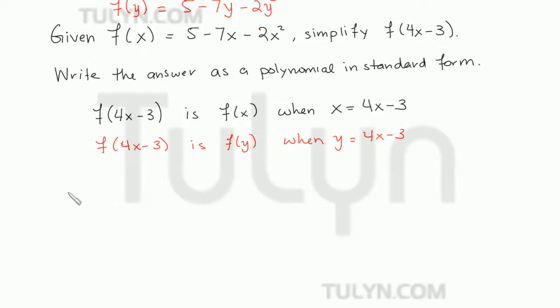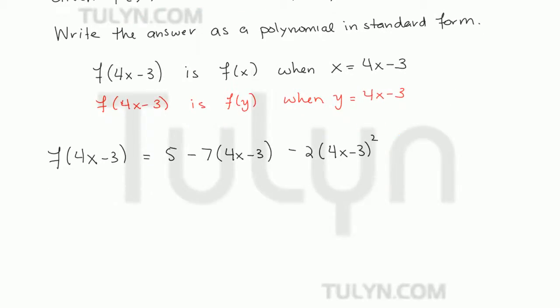So let's evaluate. So f of 4x minus 3, we're replacing all the y's with 4x minus 3. So it's going to look like 5 minus 7 times 4x minus 3 minus 2 times 4x minus 3 squared.